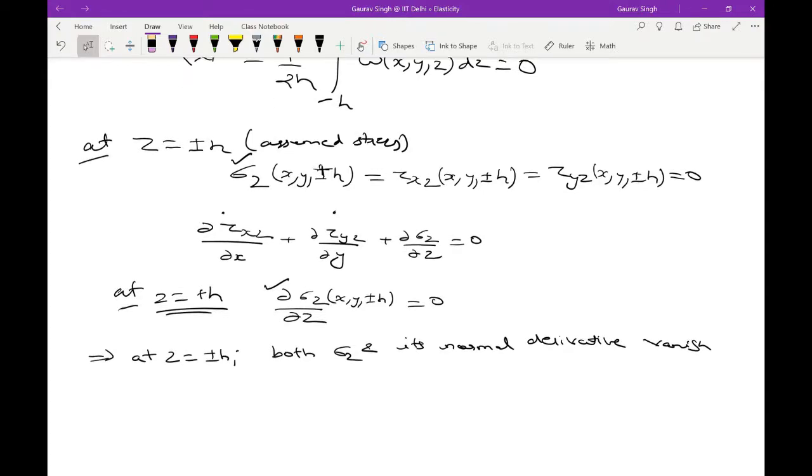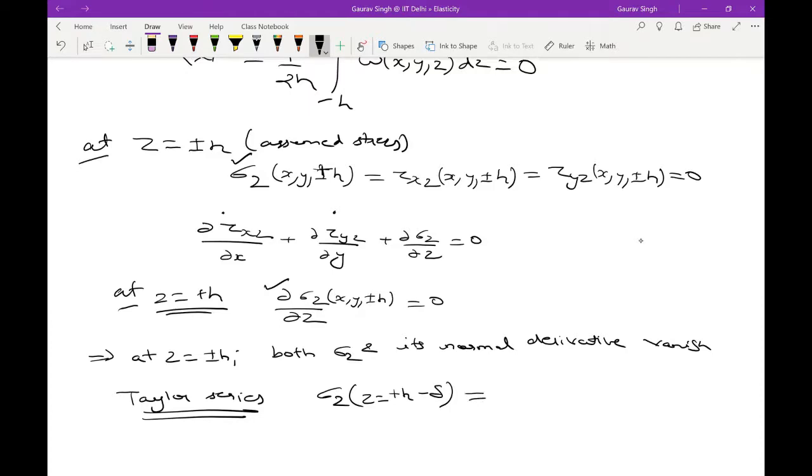You have seen how a Taylor series works. If there is a vanishing at z equal to plus h, then a small distance away from it in the interior, the value would be, say, sigma z at z equal to plus h minus delta.